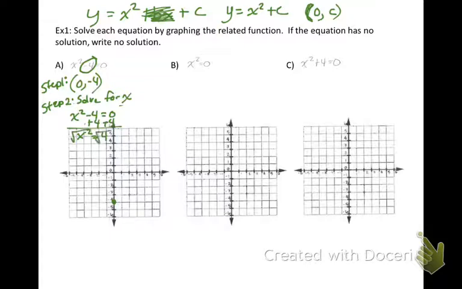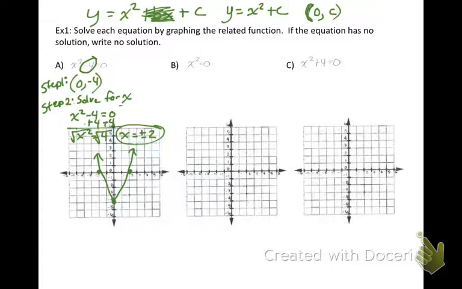So I'm going to square root both sides. And so x equals a positive 2 and a -2, because 2 times 2 is 4, and -2 times -2 is 4. So because of this, you are going to put your points on both the positive 2 and the -2 on your x-axis, and you're going to graph it.